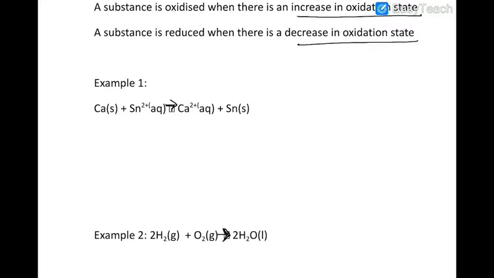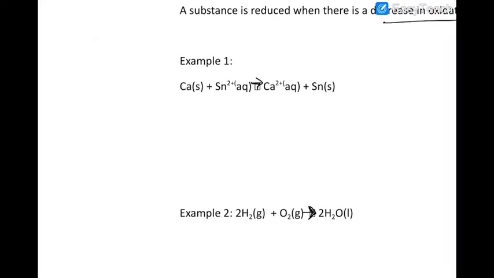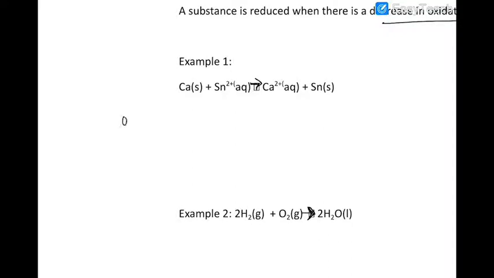So let's see the first example. We're going to find the oxidation state of each species. Calcium is an element in an uncombined form, so its oxidation state is 0. Sn2+ has charge 2+, so its oxidation state is +2. Then Ca2+ has oxidation state +2 because it has charge 2+.